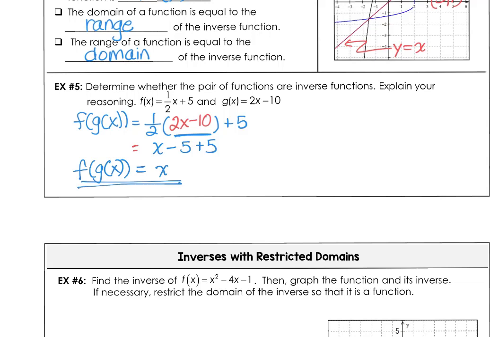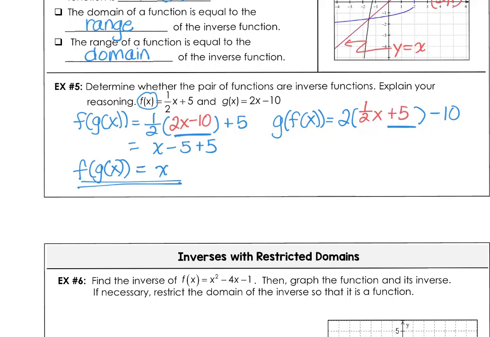But we can't just simply stop there. We have to do the composition the other way to verify. So the other way would be to use the g of f of x, and the g of x is 2x minus 10. So in this place, we're going to put the f of x, which is 1/2 x plus 5.